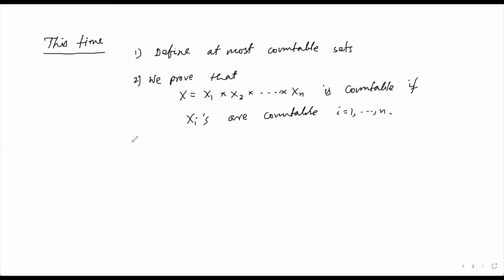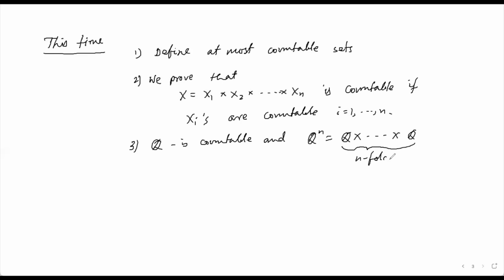Also we show that the set of all rational numbers is countable, and as a corollary of the second result we show that Q^n, the n-fold Cartesian product Q cross and so on cross Q, is countable.